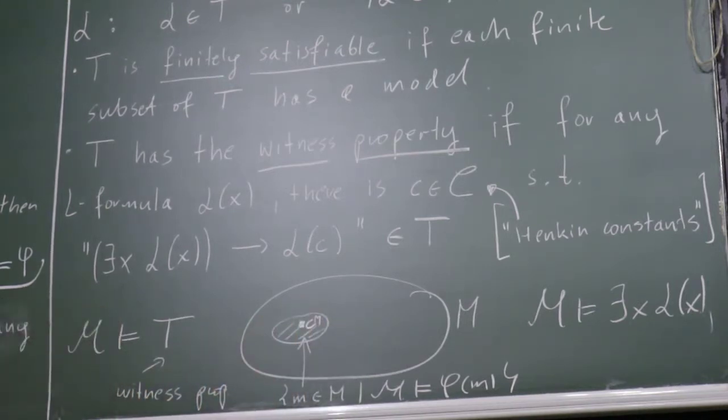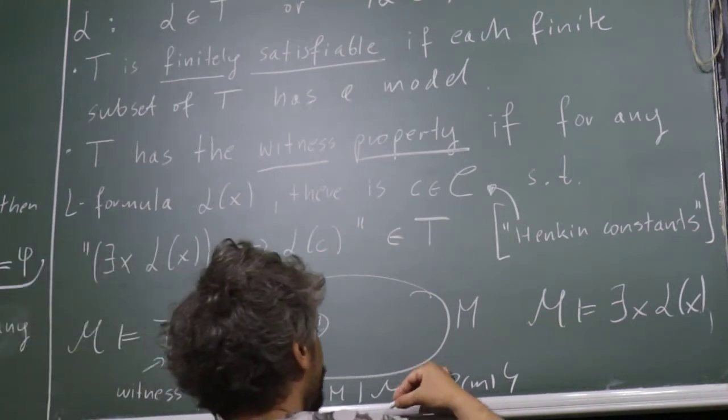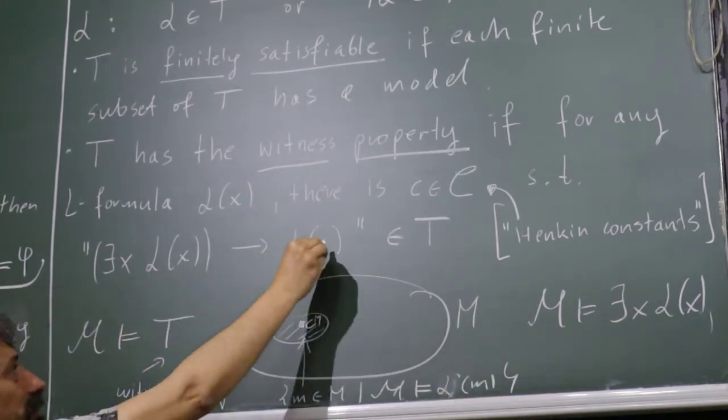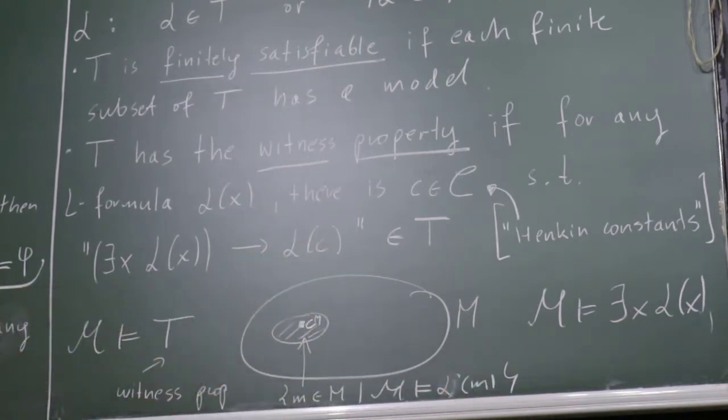You could say that the c depends on alpha, but I didn't want to put it. It says that if the set is not empty, then its non-emptiness is witnessed by a constant from our language.